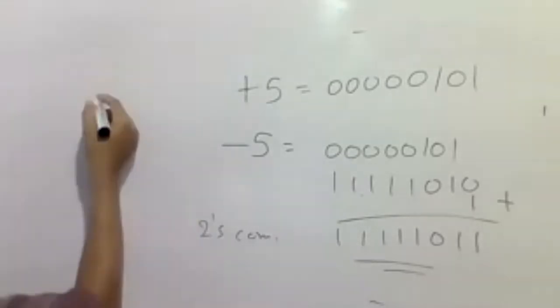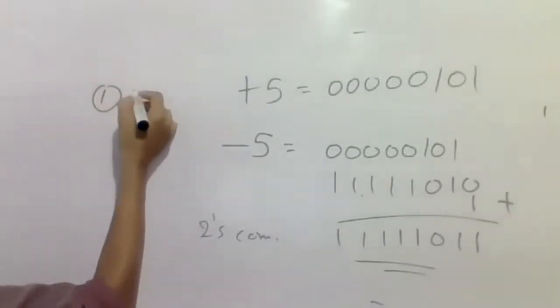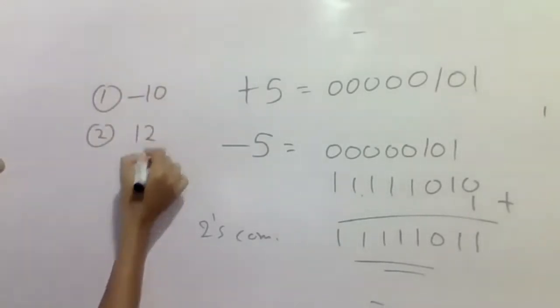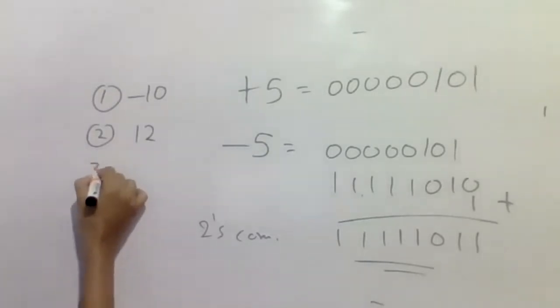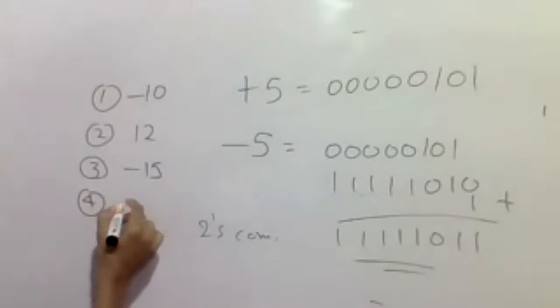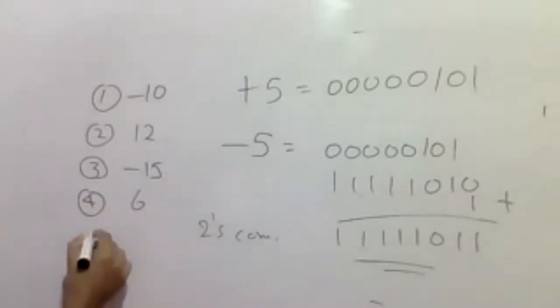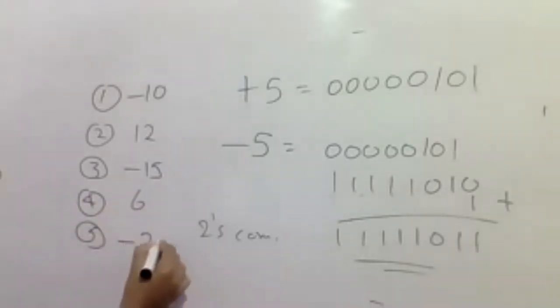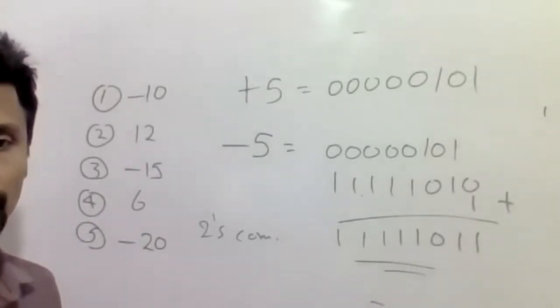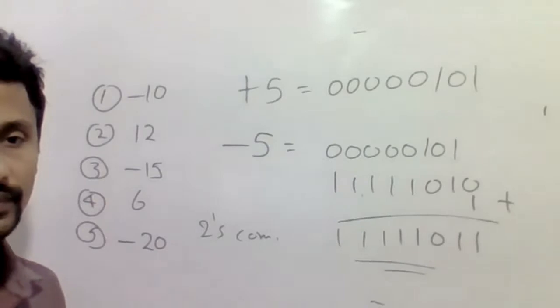I'll write here: minus 10, 12, that is positive 12, minus 15, positive 6, and last one minus 20. Try them out and send me the answers through the chat.